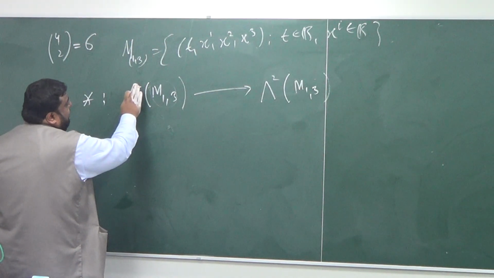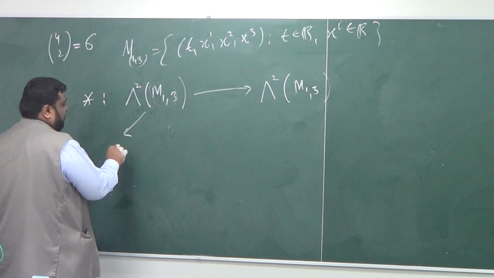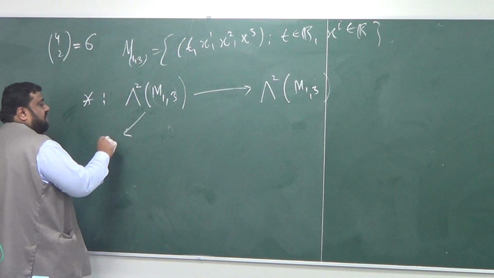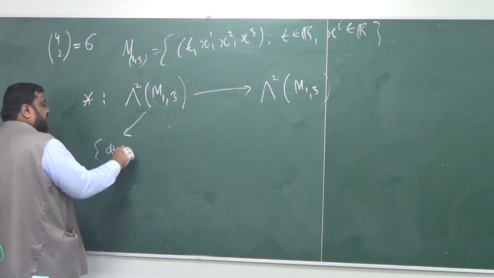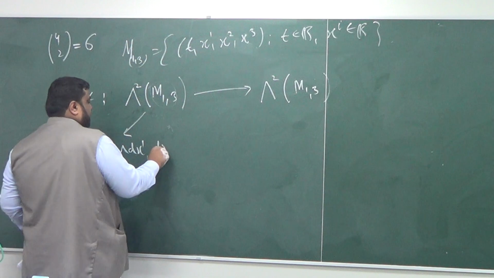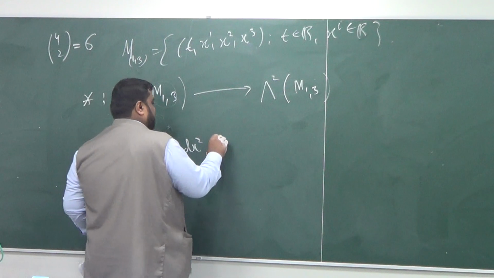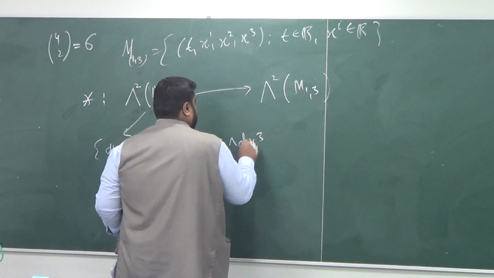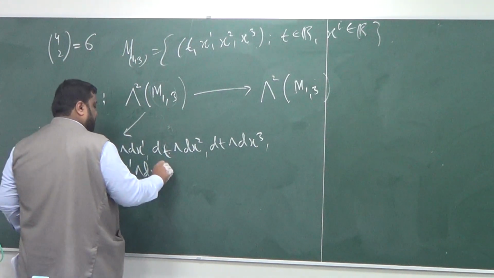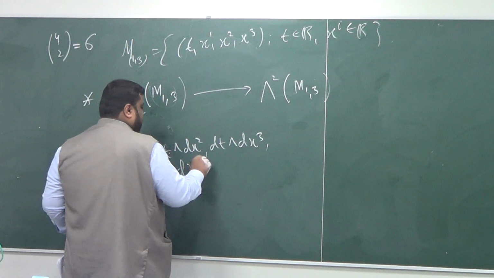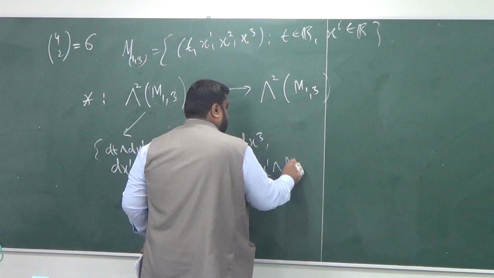I can consider, so what would be the possible products here? So what would be the basis of this vector space? What would be the basis here? So the basis is going to be, okay, you can have dt wedge dx1 and dt wedge dx2 and dt wedge dx3 and dx1 wedge dx2 and dx2 wedge dx3 and dx1 wedge dx3.